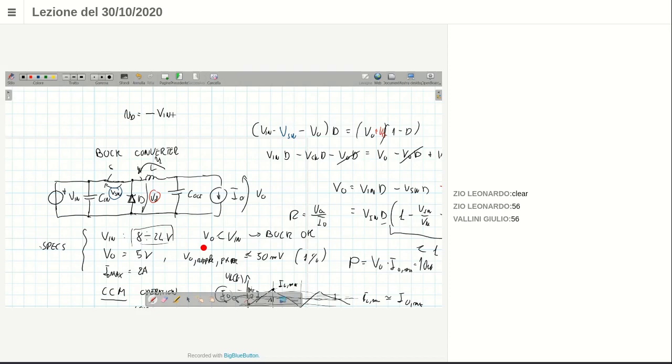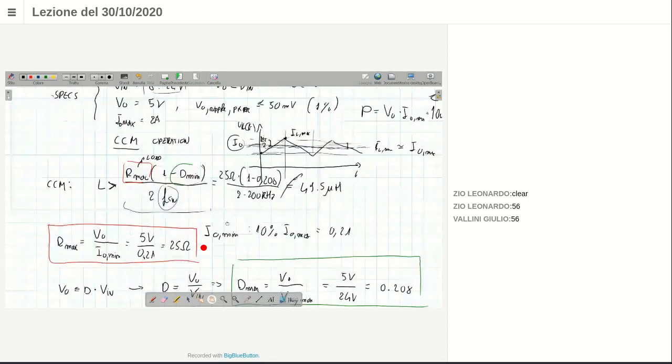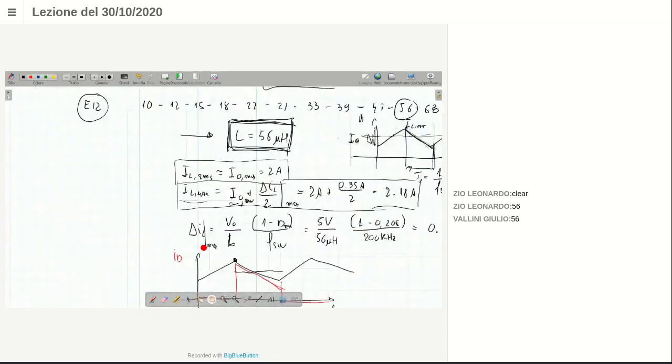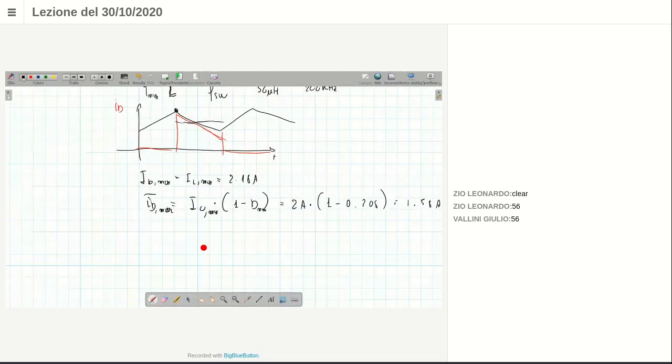The maximum reverse voltage that can be sustained by the diode is minus the maximum value that can be taken by Vin, so minus 24 volts in our exercise. The maximum in magnitude should be larger than 24 volts. Okay?